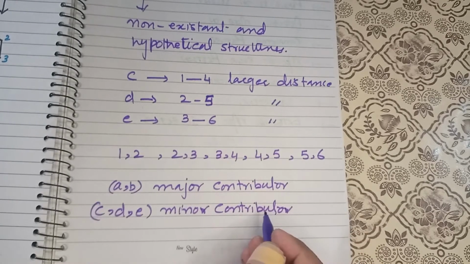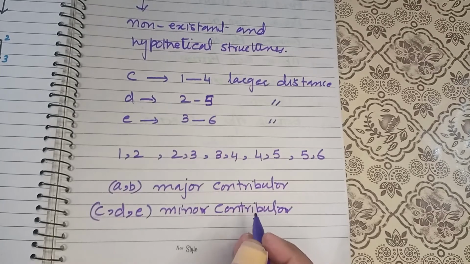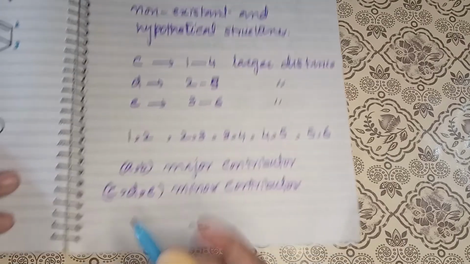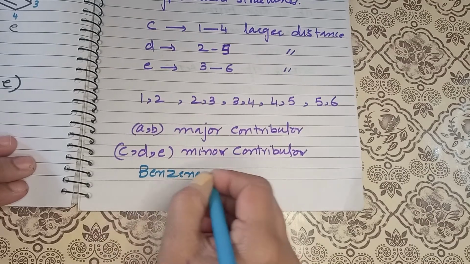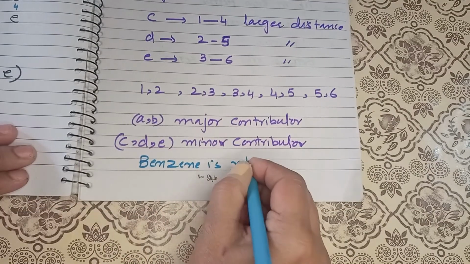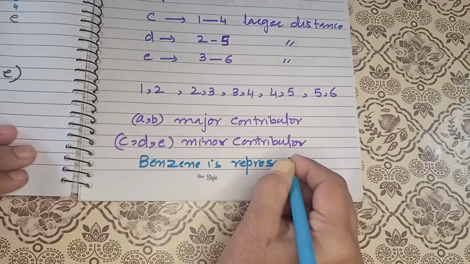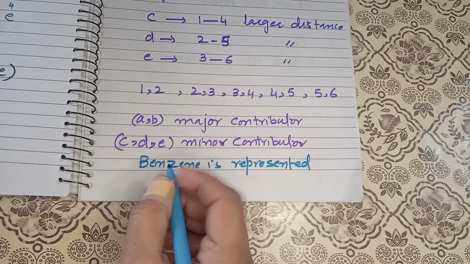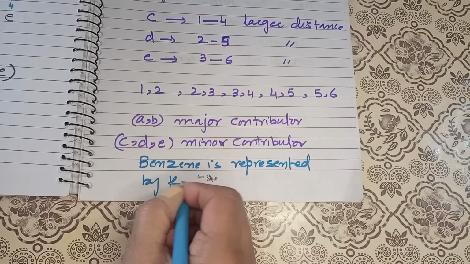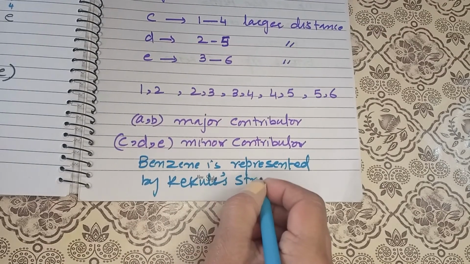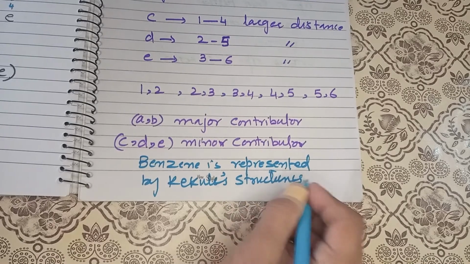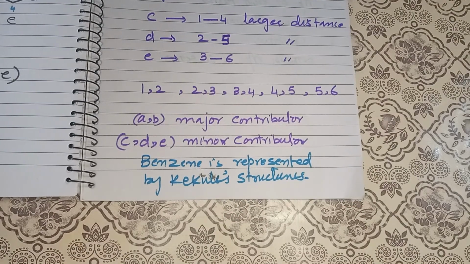They have a minor contribution towards the actual structure of benzene. So that's why usually benzene is represented by Kekulé structures. I hope it is clear to you, students.